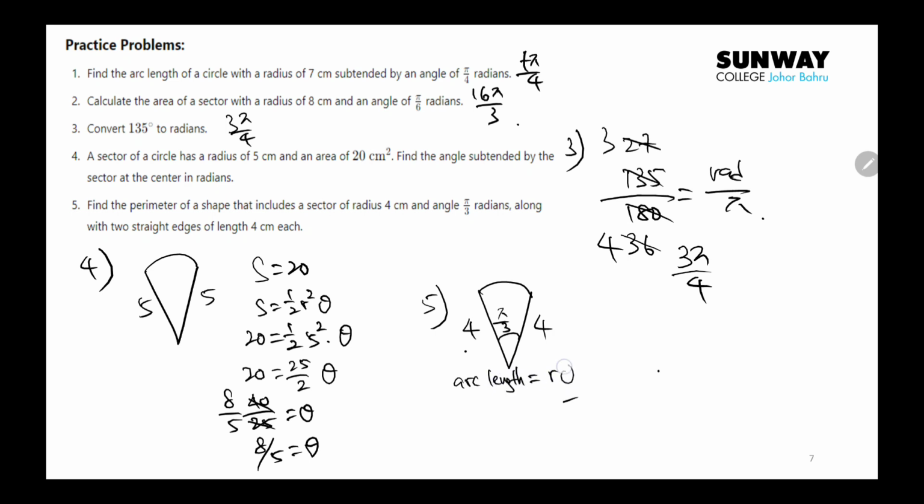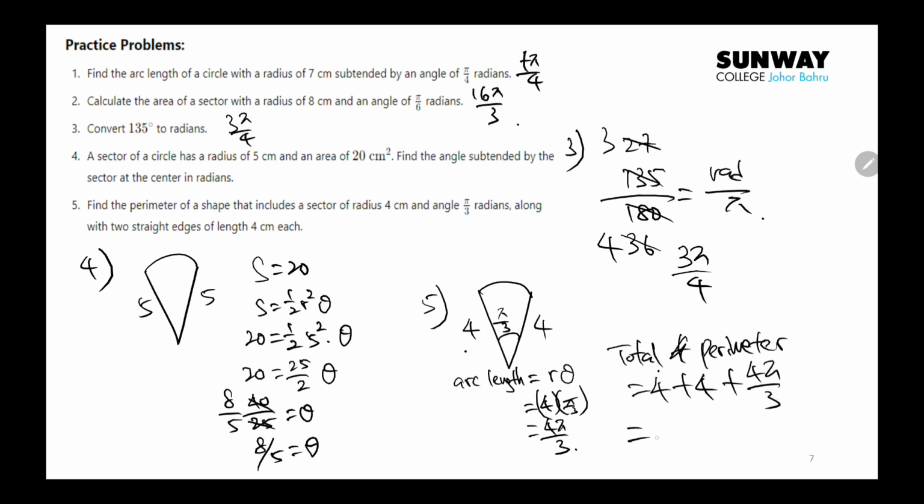The arc length is r theta, which is 4 pi over 3. So the total perimeter is equivalent to radius plus another radius plus arc length, which is 4 pi over 3. And the answer is going to be 8 plus 4 pi over 3.